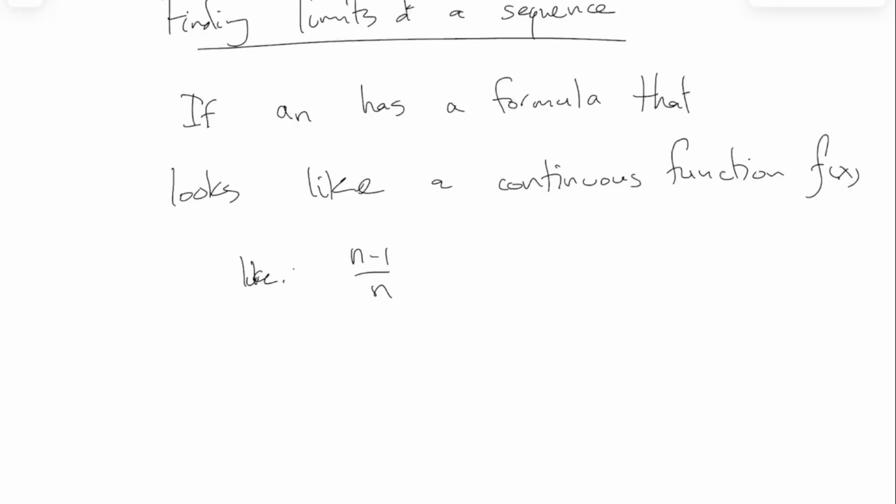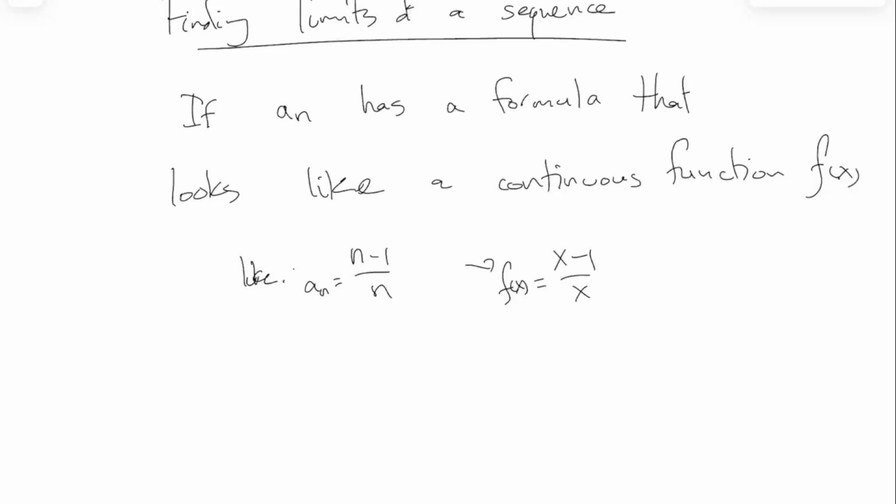This, as a formula, looks basically the same as x minus 1 over x as a continuous function, right? an equals n minus 1 over n, as a sequence, is really the same kind of thing as that function over there. And we already know many tricks to find the limits of that function over there.